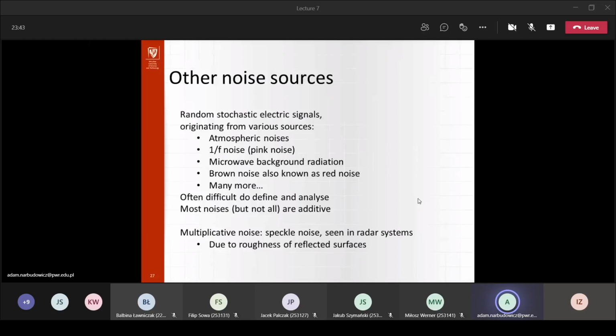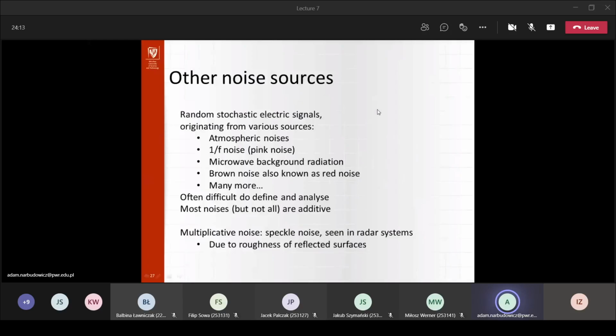With this example, you can hopefully imagine that in the case of multiplicative noise, if you increase the power, your noise will also increase, right? Which is typically bad news for the system, because whatever you do, there's no way of getting rid of multiplicative noise.